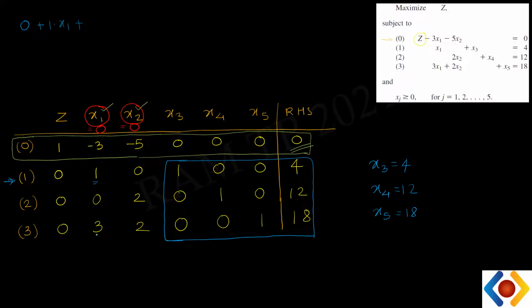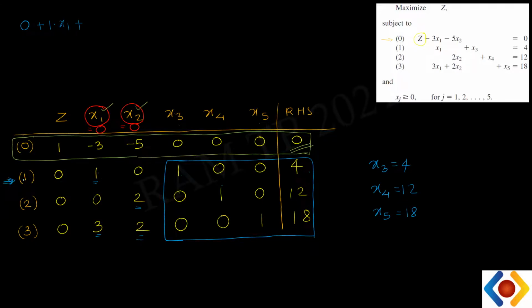They have some values here, and still I'm writing directly x3 is equal to 4, x4 is equal to 12, x5 is equal to 18. How is that possible? So I'm trying to answer that. Are you all clear about that part?